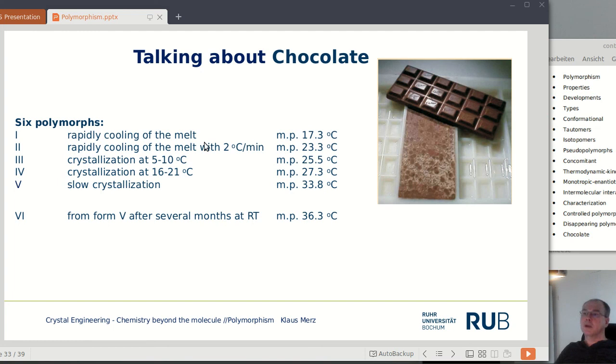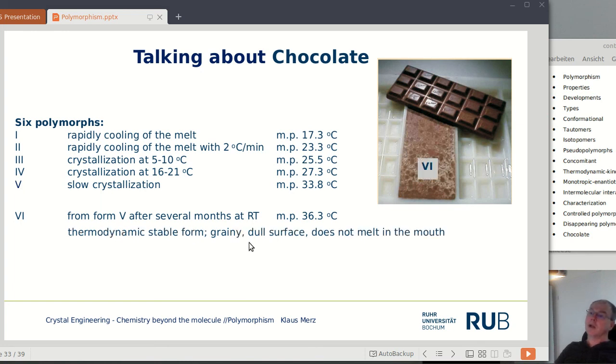And if you control the melt, with 2 degree per minute, you will get form 2. And crystallization between 5 and 10 degree, crystallization range between 16 and 21 degree, form 3, form 4. 5 you will get by slow crystallization, and 6, this is what I said, after several months at room temperature.